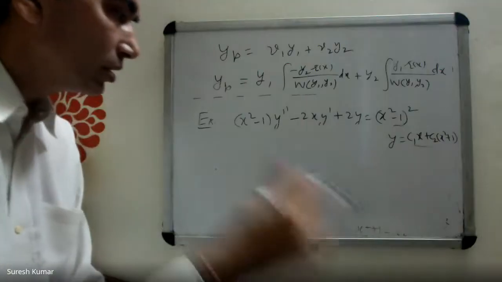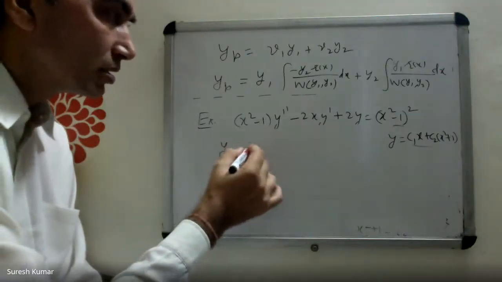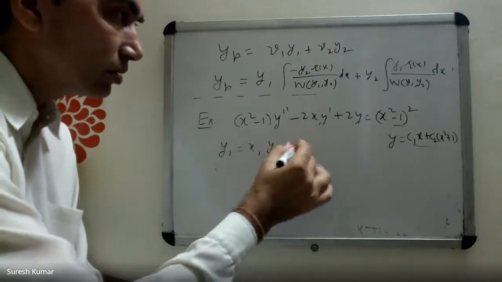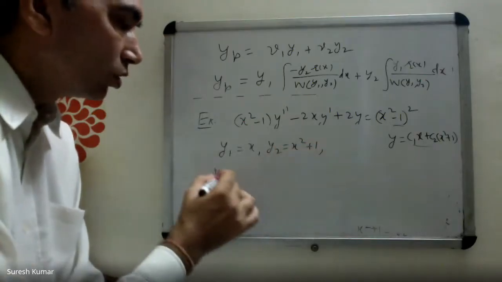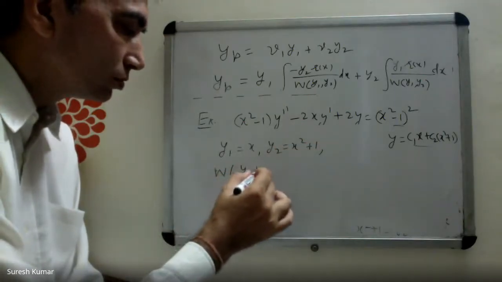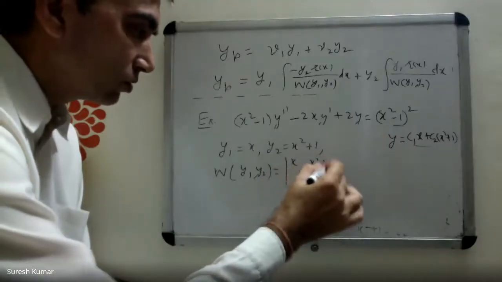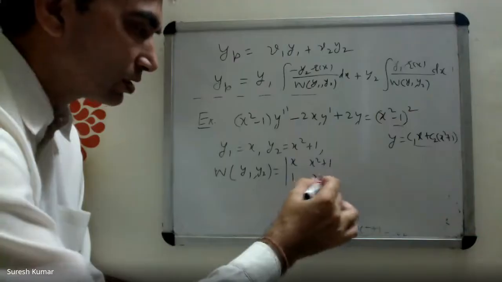What is y1 here? x. y2 is x squared plus 1. The Wronskian of y1, y2 is the determinant with entries x, x squared plus 1, 1, 2x.